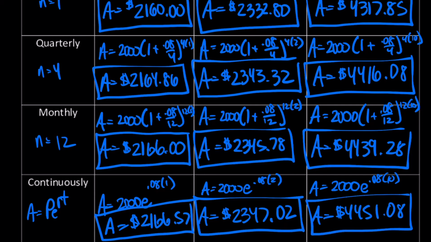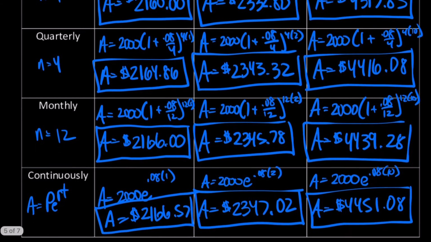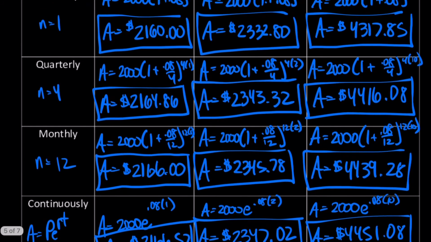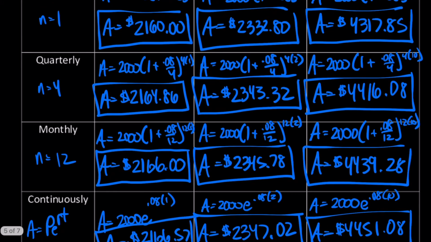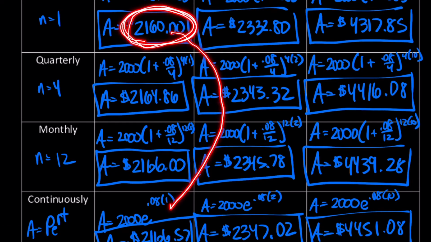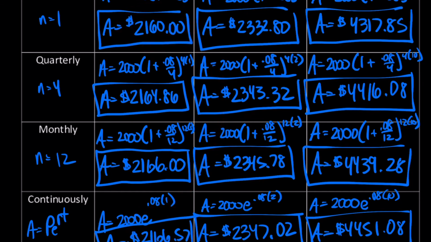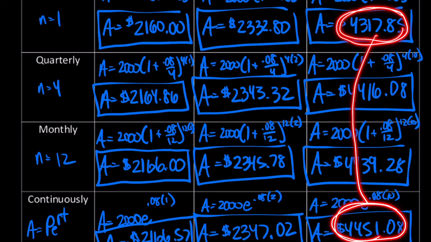You don't actually have to write down all these values, but what I want you to notice, when it comes to compounding once, 2160. Compounding continuously, 2166. So a $6 or $7 difference. When you get to the end here, 4317, 4451.